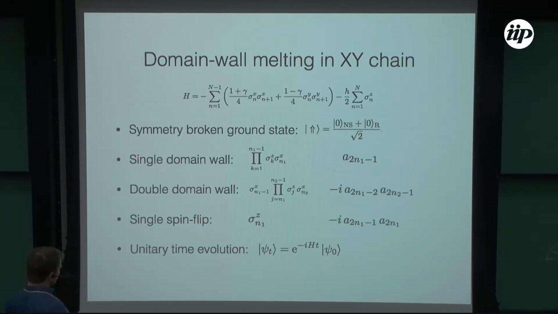And these are the following examples which I will consider as excitations. So how should I now create the domain wall? Well, it's very simple. I just flip the spins up to a certain point with the sigma z operator, okay? The ordering is always in the x direction, because that's the stronger direction.